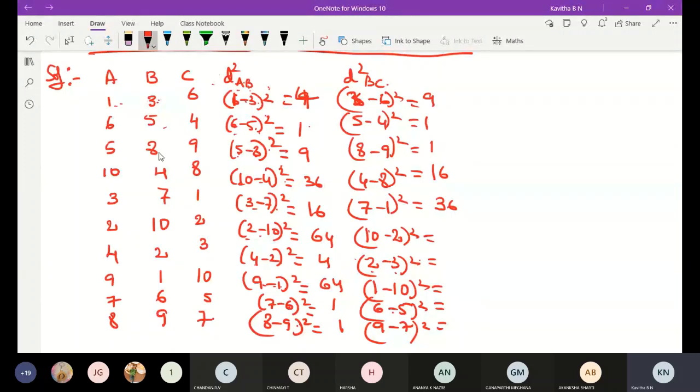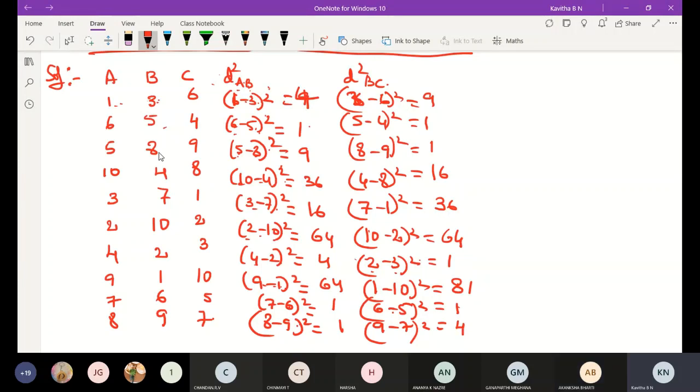Ten minus 2 whole square is 64. And then 1. And 81. Okay. Then 1. And then 4. Okay.